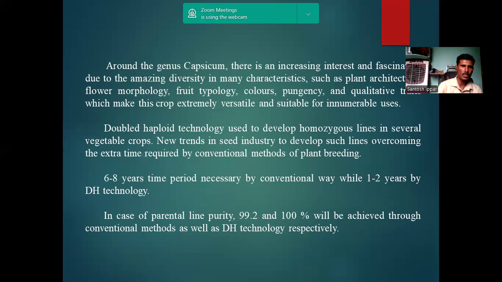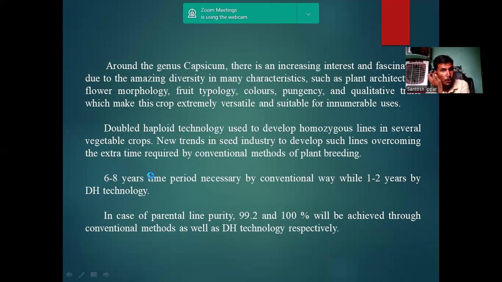Other than these four objectives, other characteristics also need to be improved in the case of chili, that is fruit typology, fruit colors, pungency, and qualitative traits. Then the major outcome of double haploid technology is less time required.